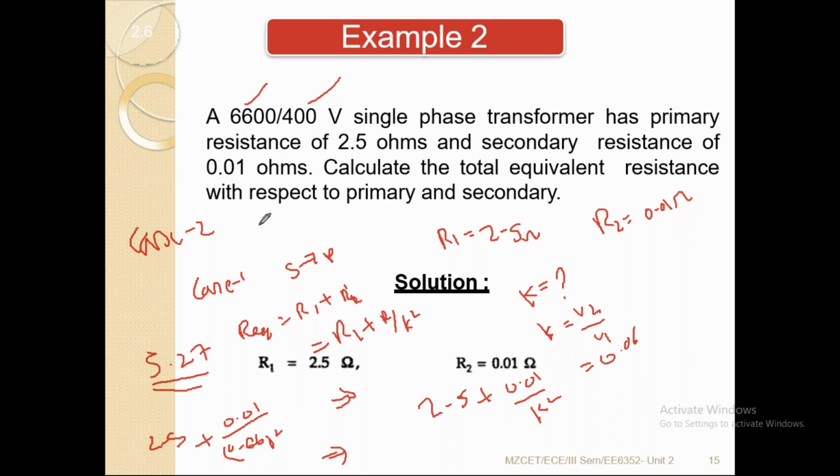And for case 2, what is the equivalent resistance? For case 2, R1 K square plus R2. Then find the equivalent resistance here. 2.5 into 0.06 whole square plus 0.01.